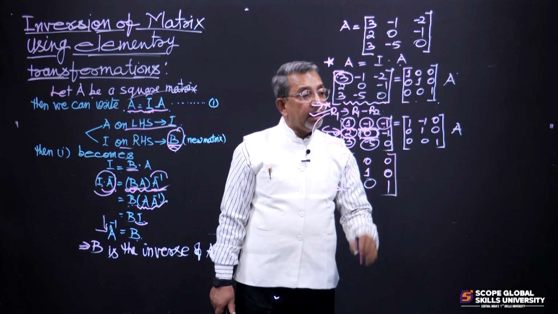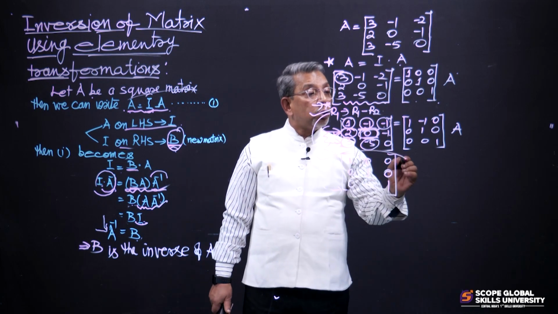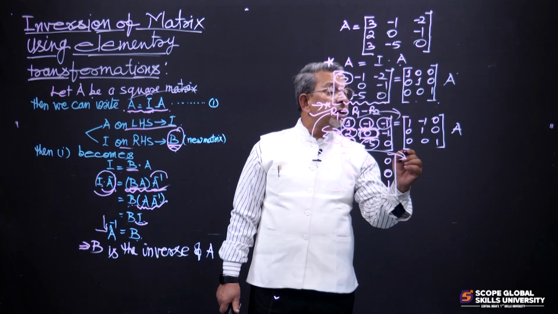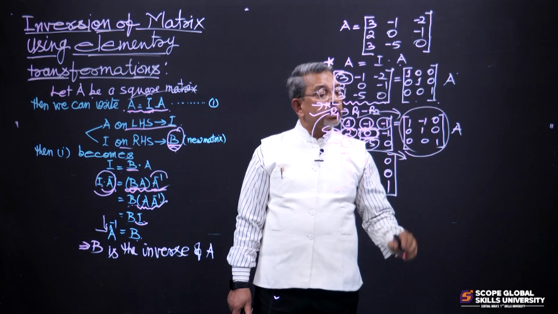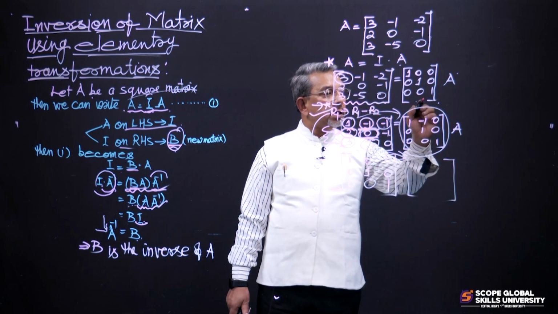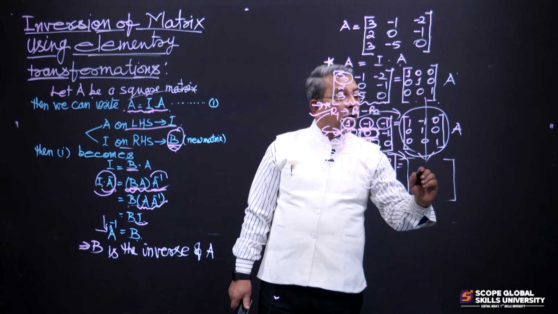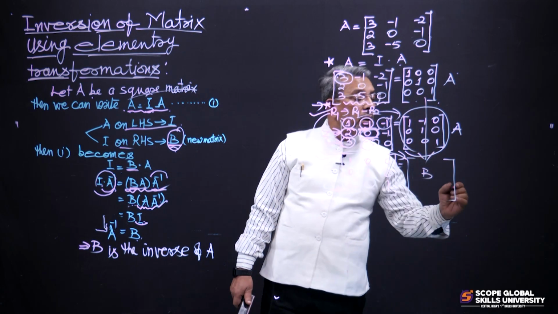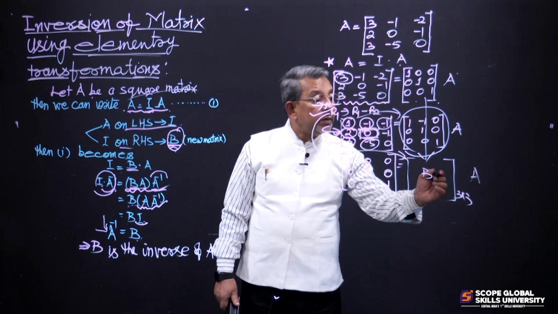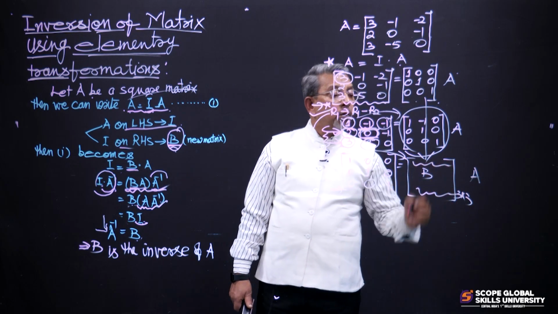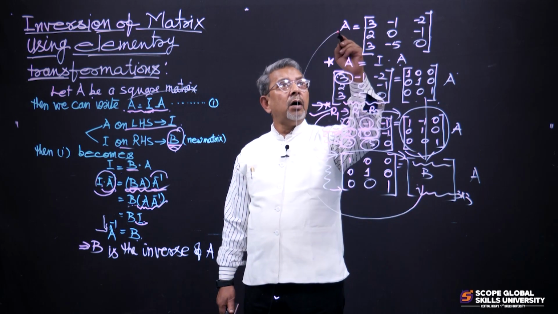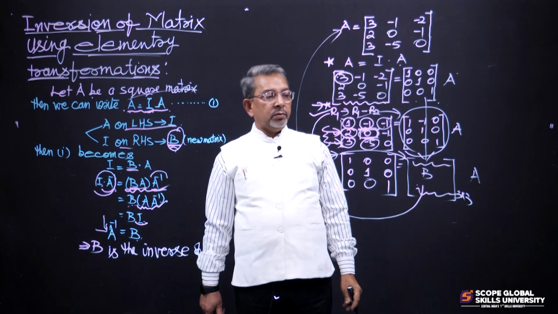In this way we get the identity matrix, and all those row operations are also applied simultaneously on the identity matrix, and you will find that this identity matrix reduces to some matrix of the same order 3 by 3. There is no change in A. This matrix B, whatever you get, is our answer. This is the A inverse of our given problem.